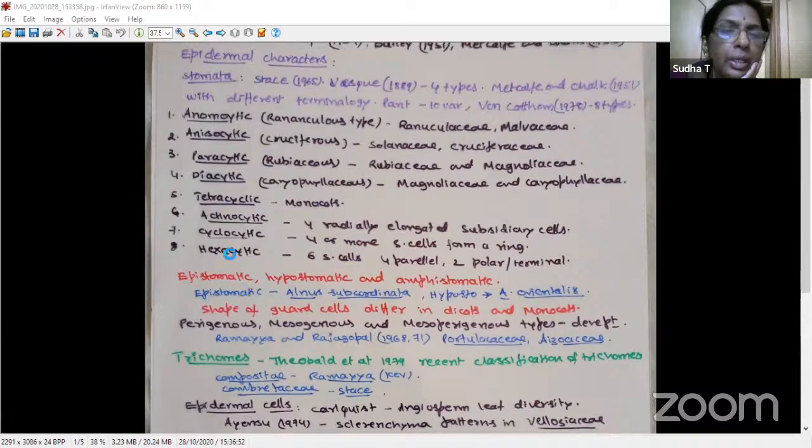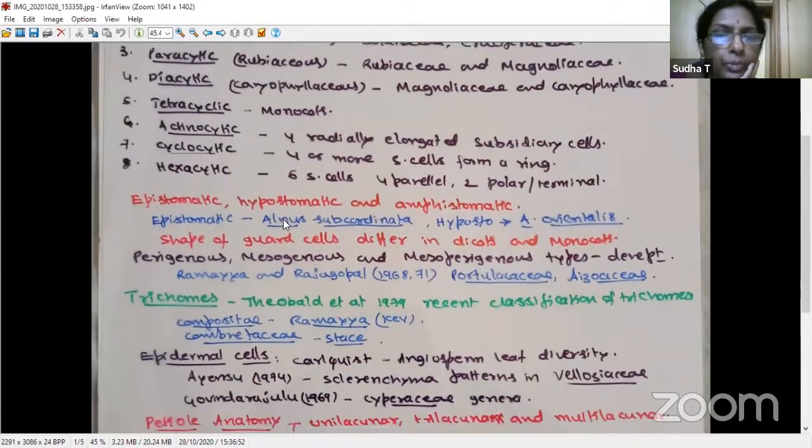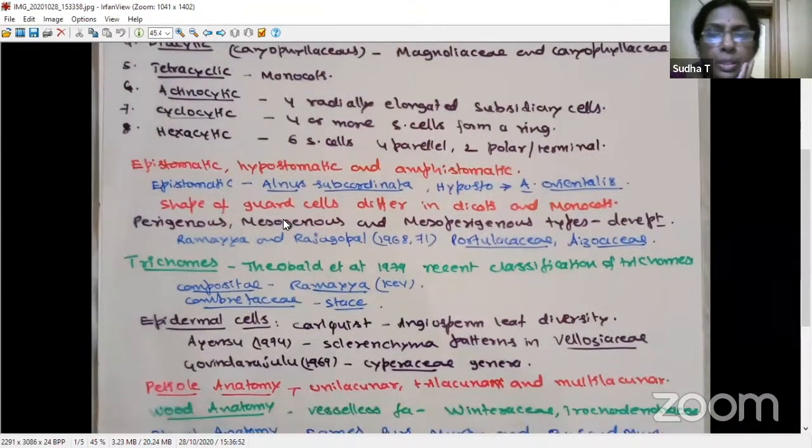Another feature is how the stomata are distributed, which is also important. Epistomatic means present only on the upper epidermis; hypostomatic, only on the lower epidermis; or amphistomatic, on both sides.